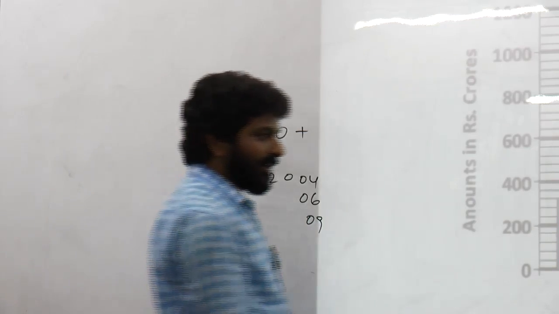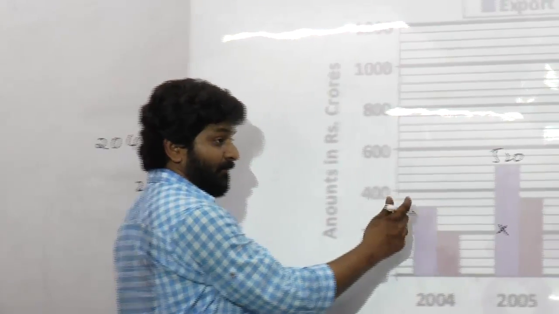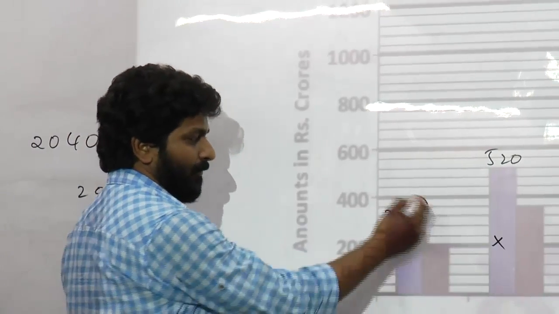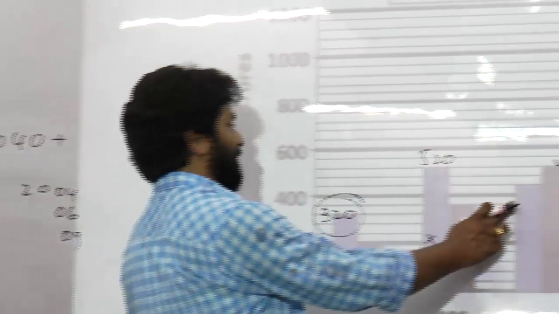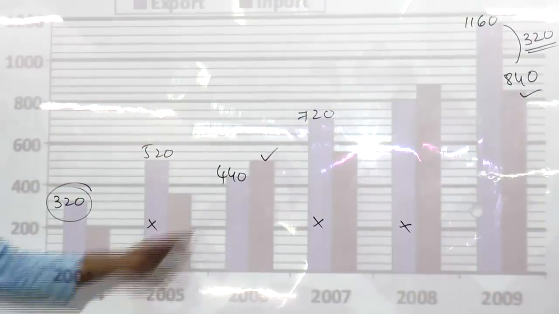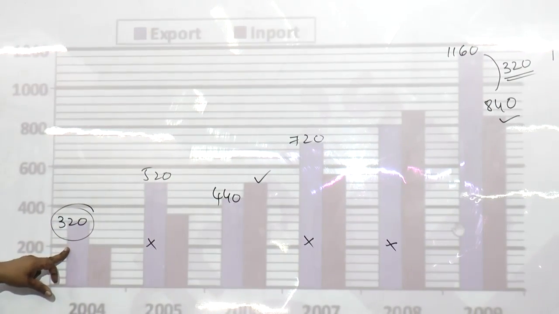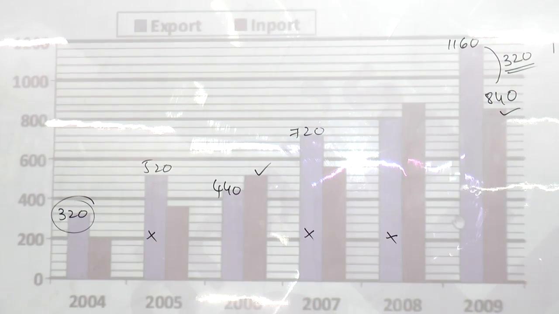2004, how much is it? 320. This is 320. And in 2006, 440. And in 2009, 1160. 1160, 440, 1600. 1600 plus 320, 1920.